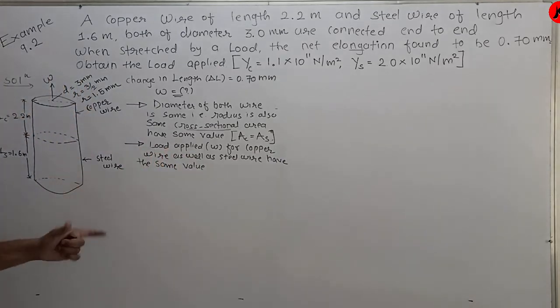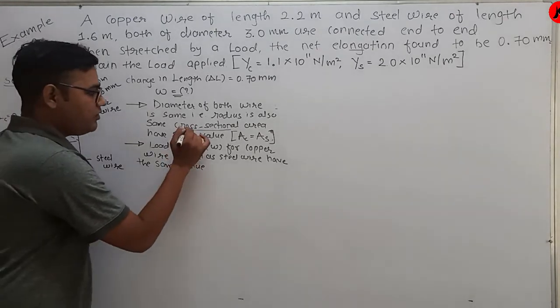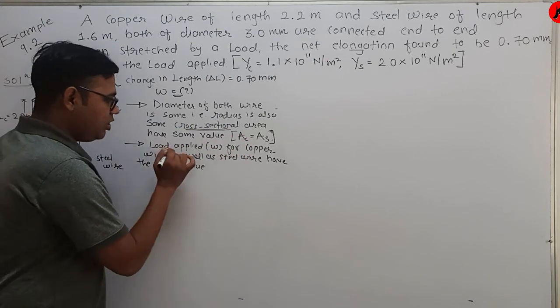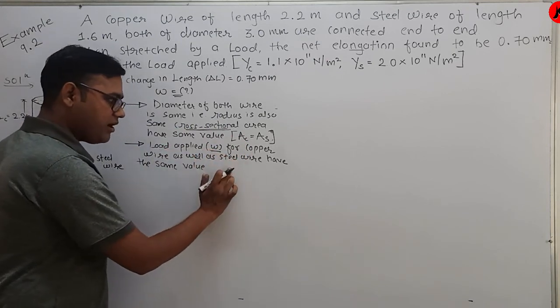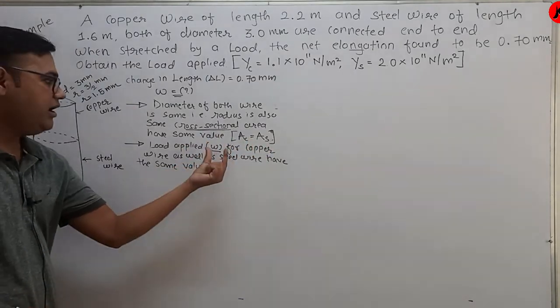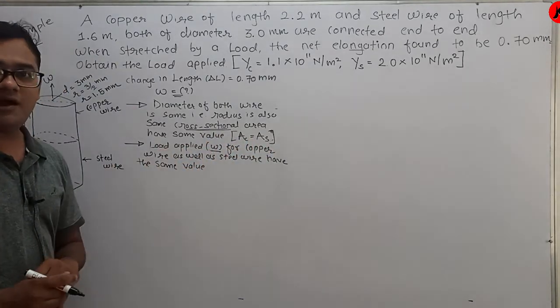So what we have concluded from this figure: the first is that the cross sectional area for both the wires is the same, and the other thing, the load applied W for both the wires is also the same.